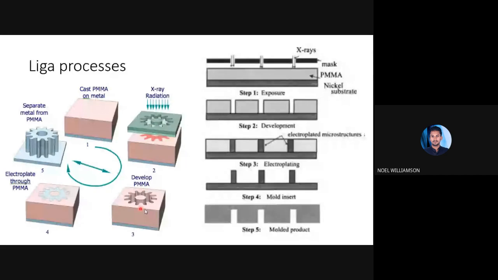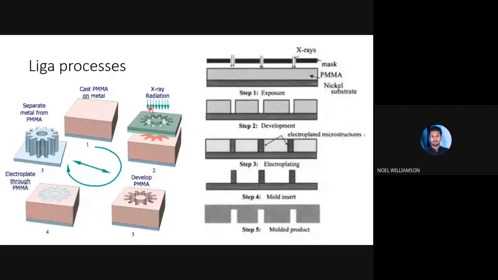So this is the initial step. First of all, we cast a PMMA over the metal where the end product is to be made. Then we apply a resist, this is the resist or mask, such that it contains a hole where we have to produce the end product.